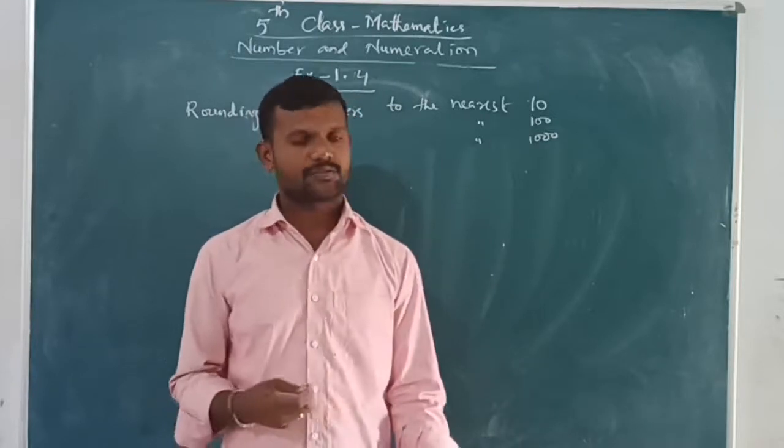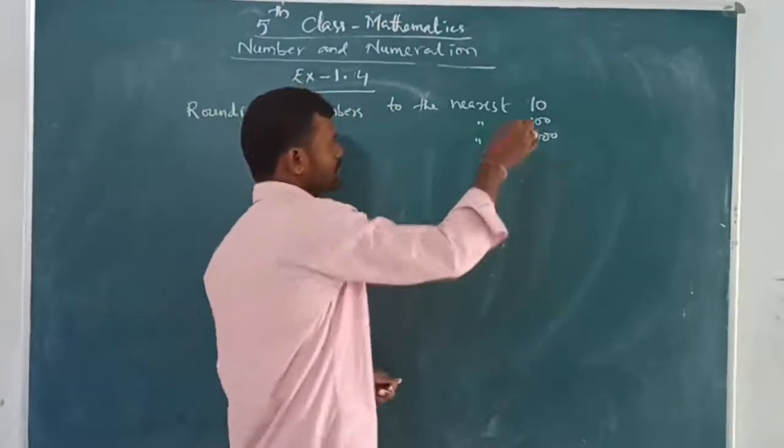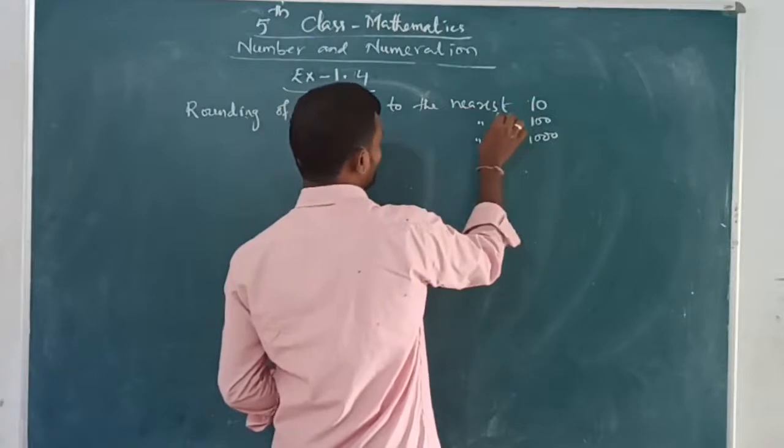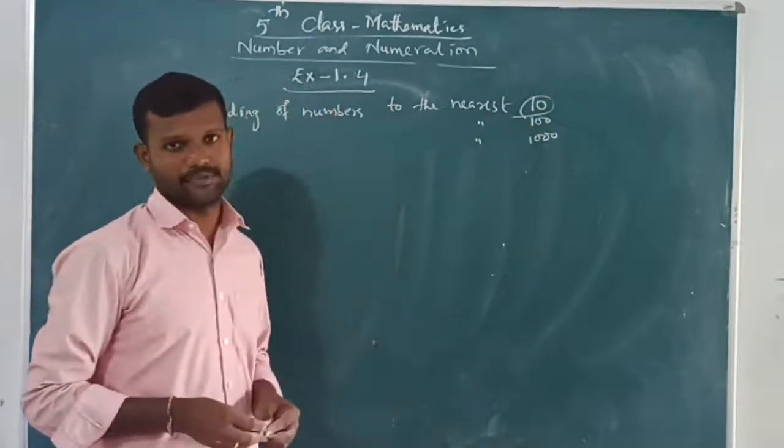If they ask us to round the numbers to the nearest tens, we have to take multiples of 10.